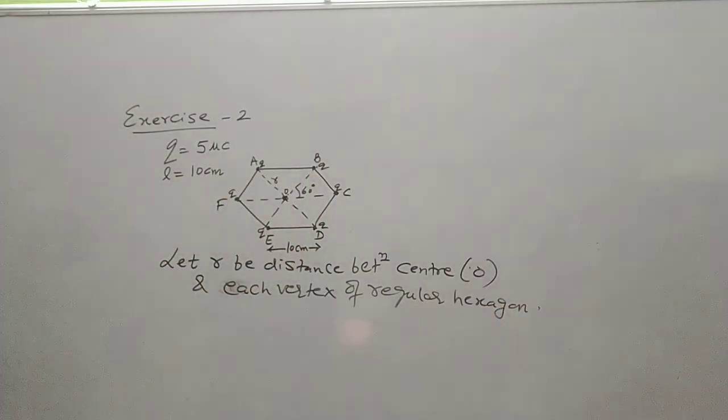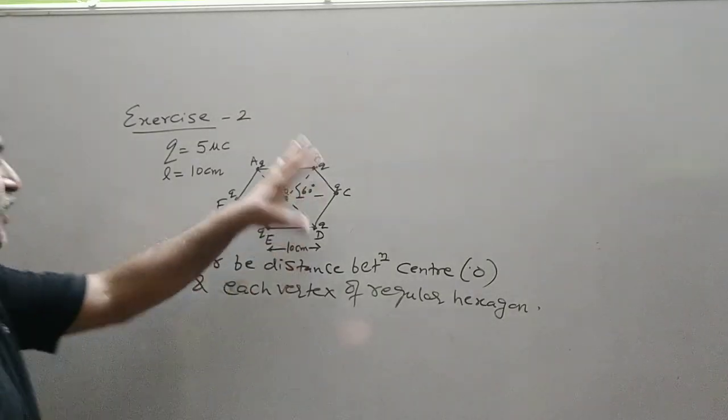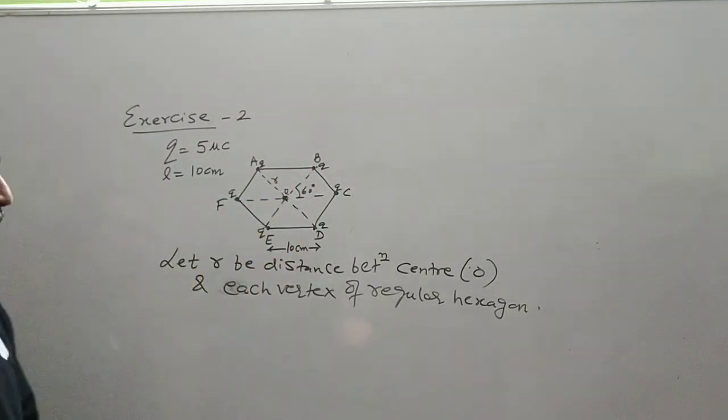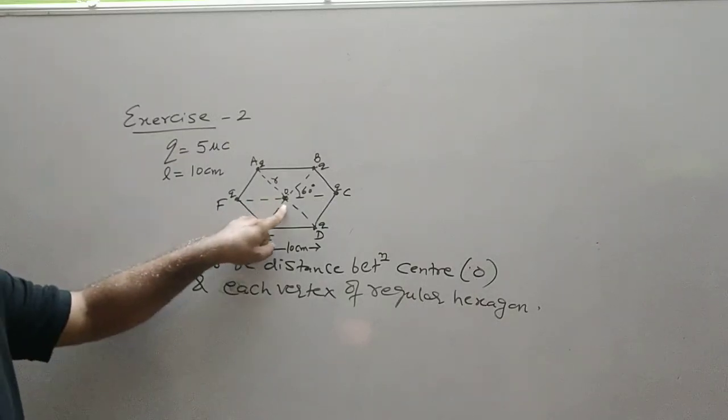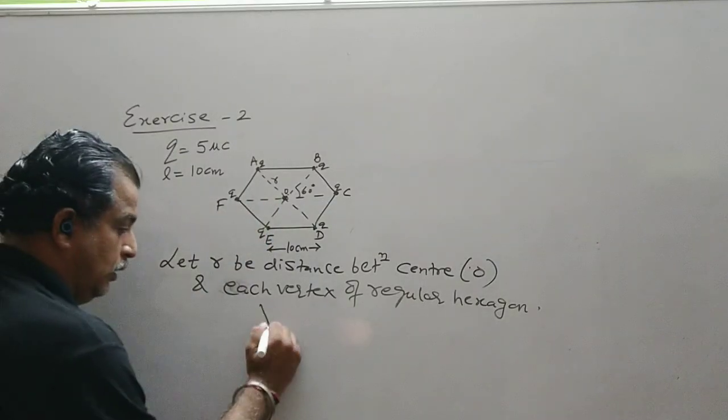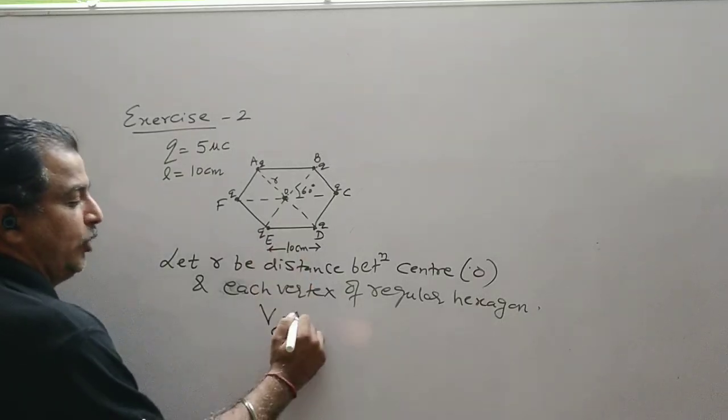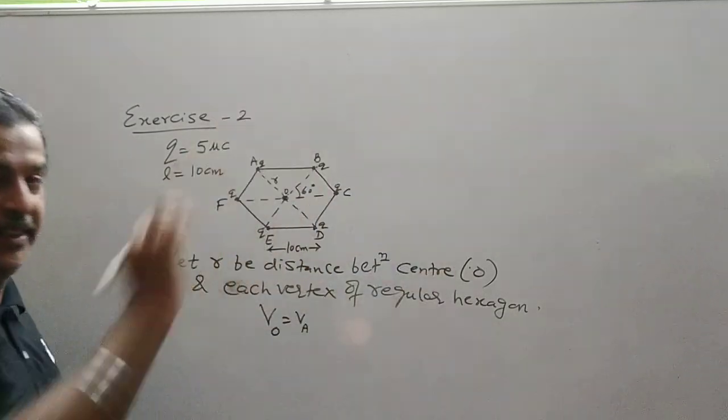So we have 6 equilateral triangles. Now we will find out the potential at O, which is equal to potential at O due to A plus B plus C, D, E, F.